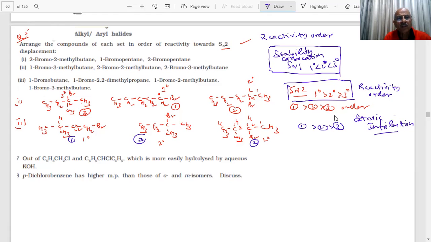Okay, next question. This question we can do now. There is no problem. Everything has been explained very clearly. What is the next question, student? Out of this and this, which is more easily hydrolyzed by aqueous KOH, students?